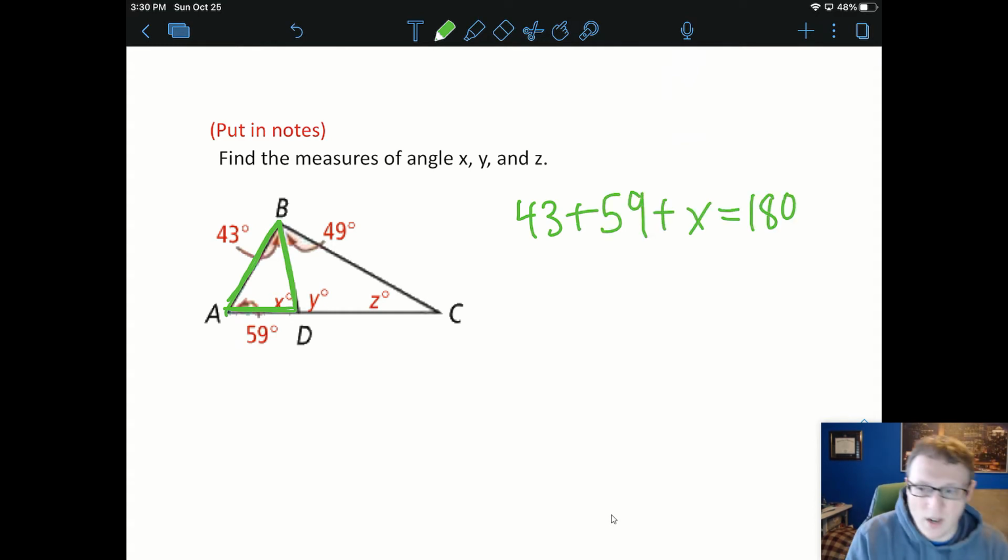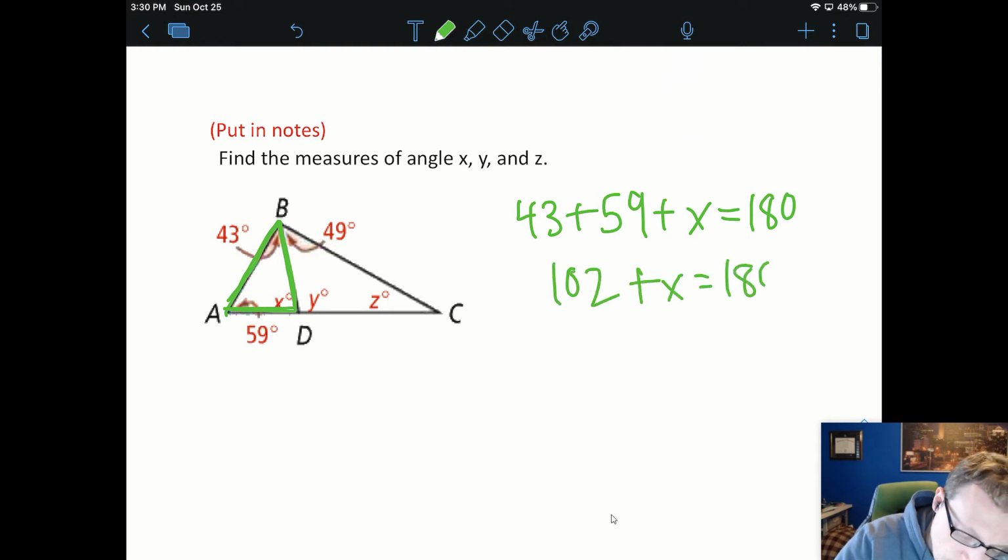180. Now, do you have to set up an equation like this every time? No. Basically, you can do 180 minus 43 minus 59 if you want. I like to set up the equation just to be thorough. So 102 plus x is equal to 180. If we subtract 102 from both sides, we get 78 degrees. So x is 78.